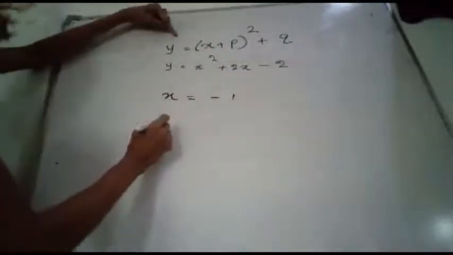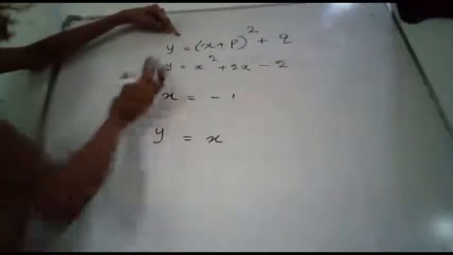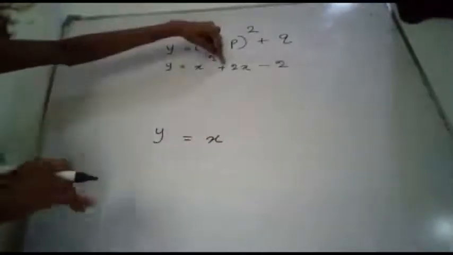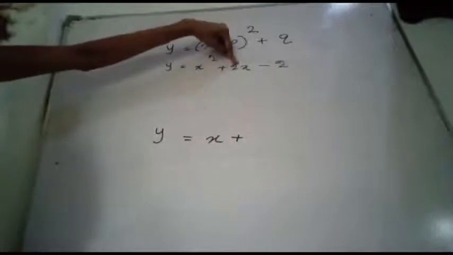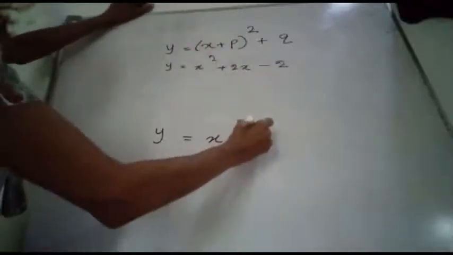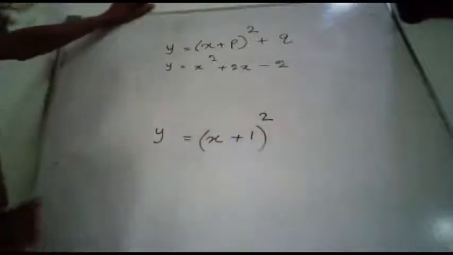We can write this as x. Here the sign is positive. The coefficient of the x term is 2. 2 divided by 2 equals 1. Now here we can write squared.